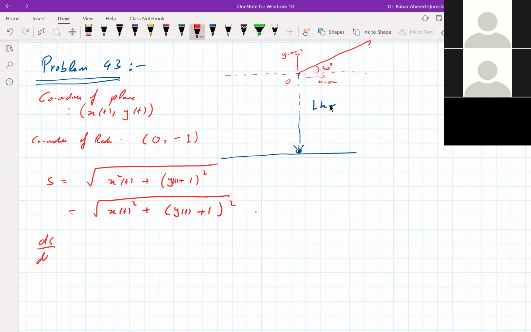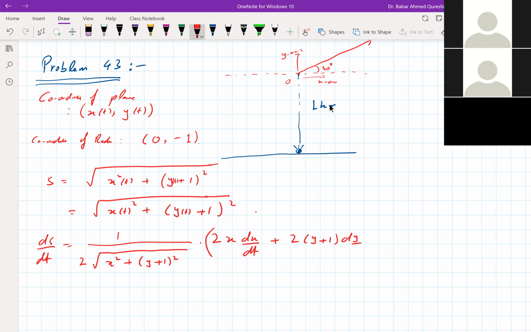So then all you have to do is this. Sometimes I write the dependence, sometimes I don't. You get 2x dx over dt plus 2 times y plus 1 times dy over dt using the chain rule.